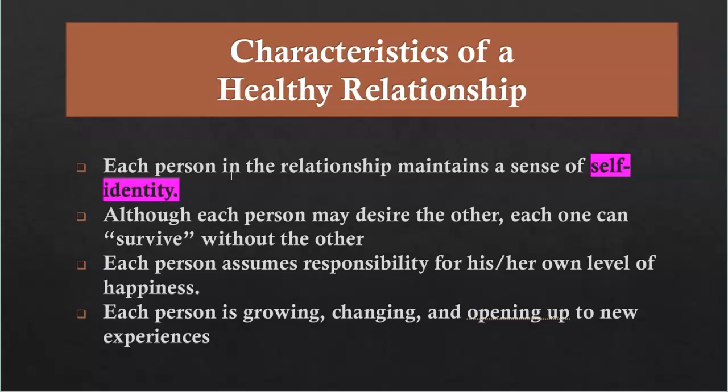With healthy relationships, we want to have a fully intact self. We want to know who we are. We want to be able to hang on to that sense of who I am, what I believe, what I enjoy, what's important to me, versus lose ourselves or forget about our own identity and just merge or enmesh with the other person.